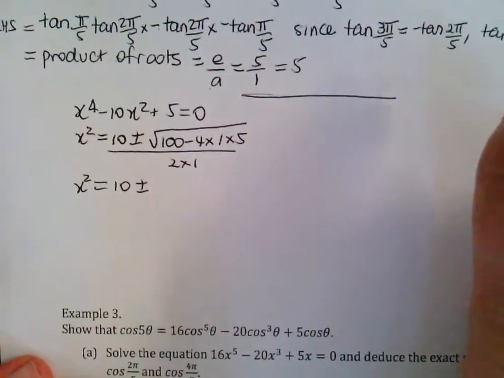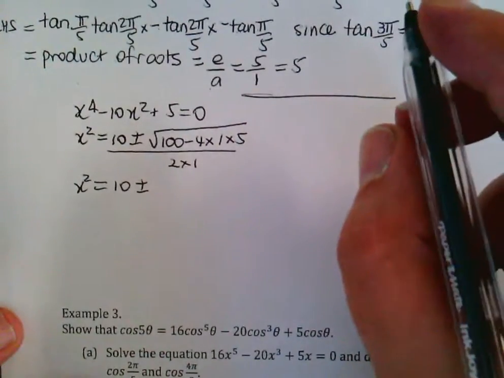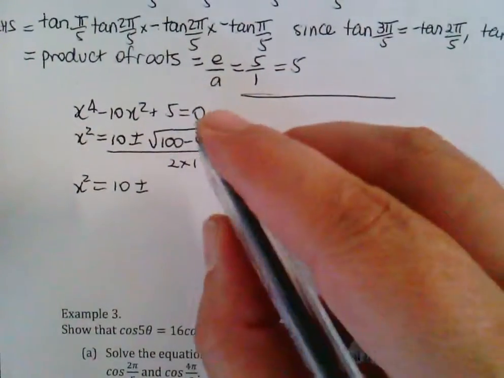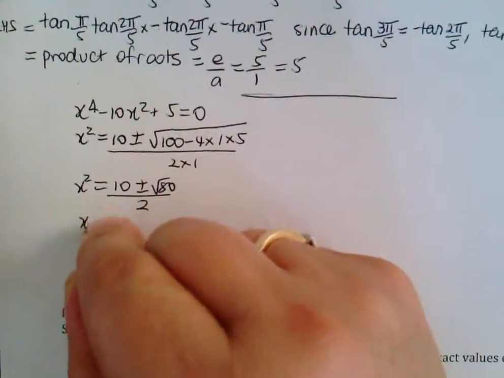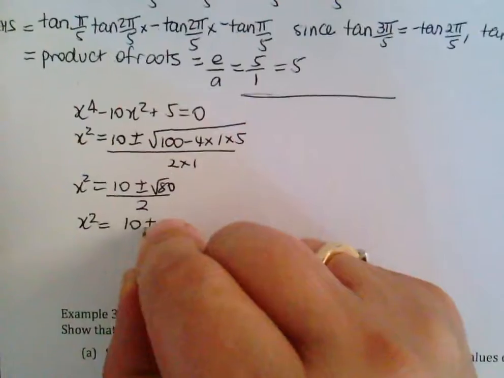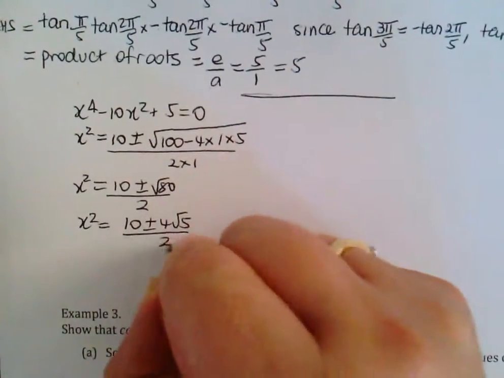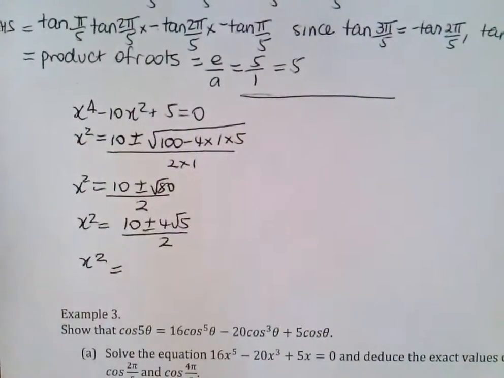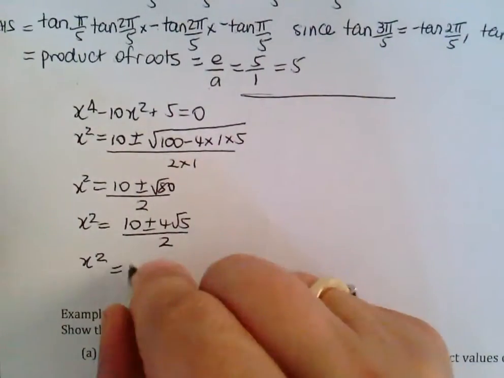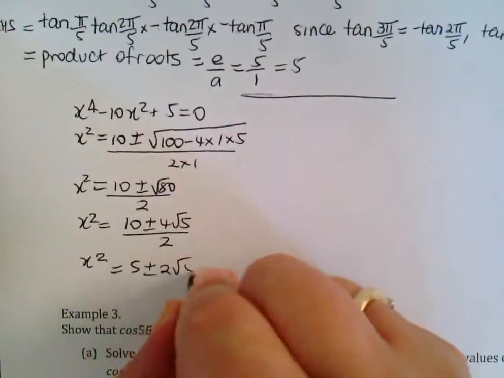Square root of 80 is root 16 root 5, so 4 root 5, plus or minus the square root of 80 over 2. So x squared equals 10 plus or minus 4 root 5 over 2. Can't I divide those both by 2? Isn't it 5 plus or minus 2 root 5?